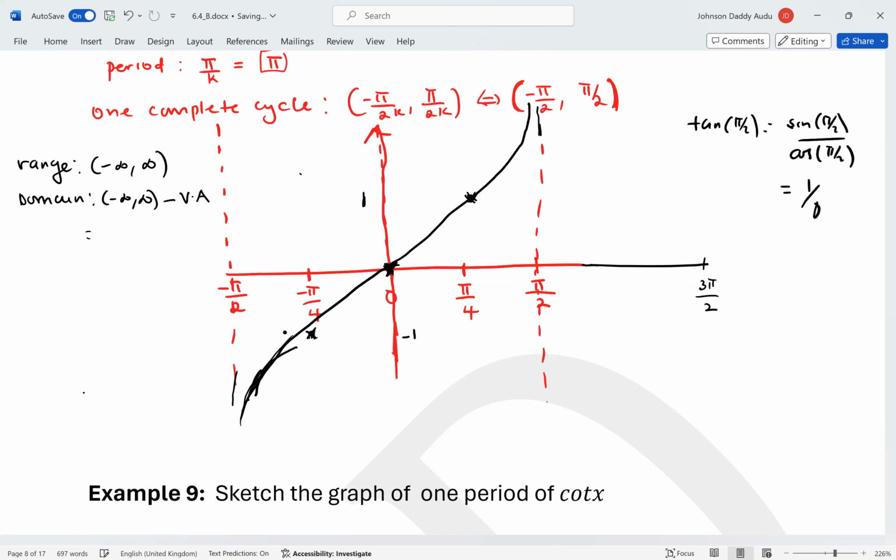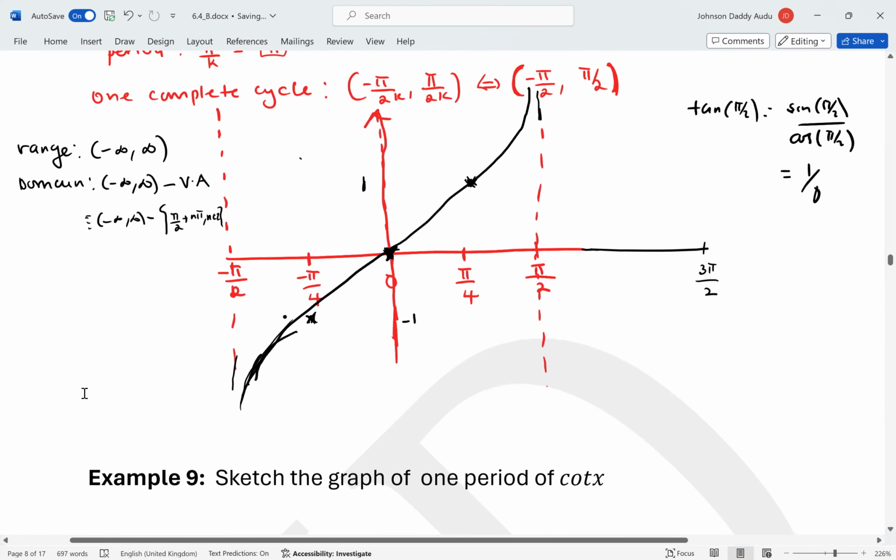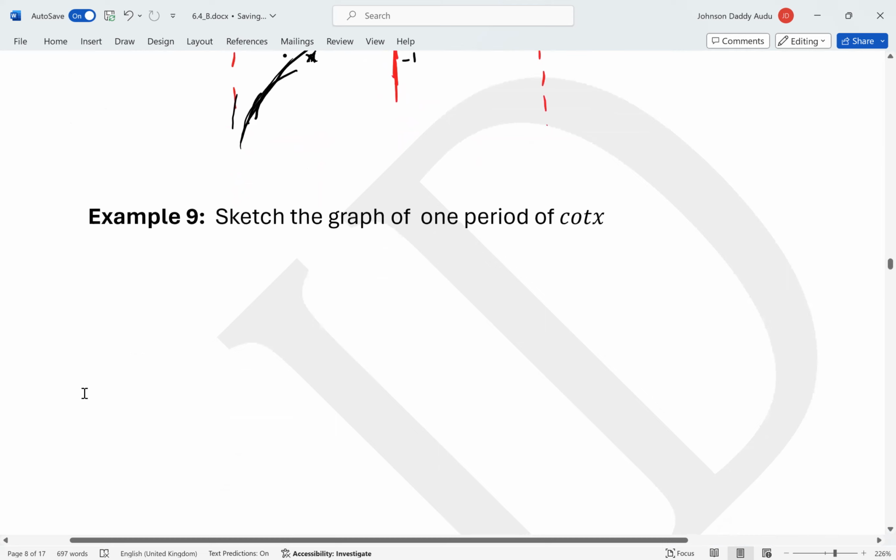So what are these vertical asymptotes? It's just going to be pi over 2 plus n pi, where n is an integer. All right, so this is how to draw the graph for tan x, just one period.